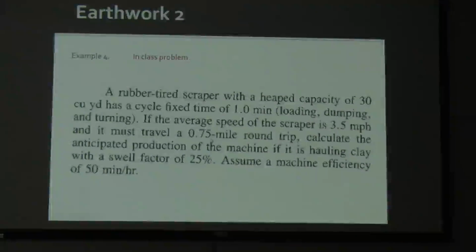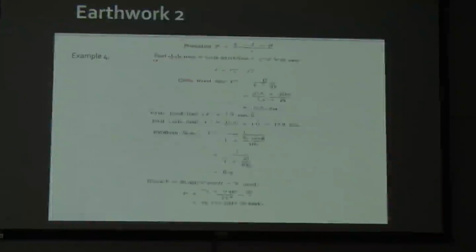And we calculate our travel time, 3.5 miles per hour, and our distance is 0.75 miles. We convert that to feet per minute from miles per hour, and that would give us our travel cycle time, and then our fixed cycle time would be 1 minute. So you put that into our formula here.